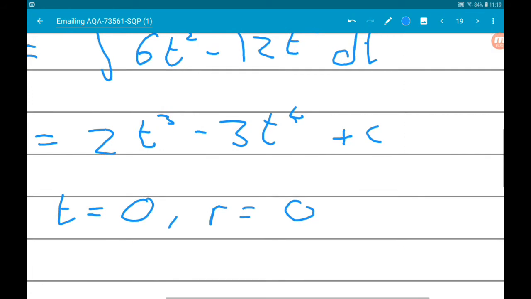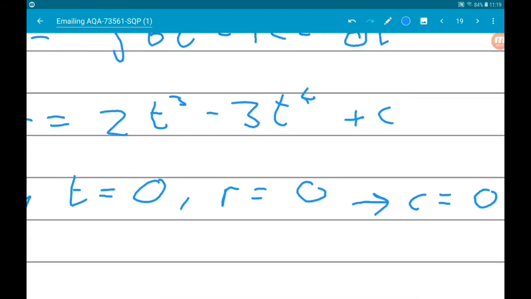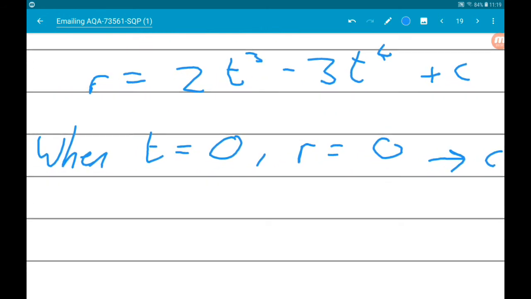Now this tells us that c is equal to 0 because the t terms disappear when t is equal to 0 and r is equal to 0. So, we then know r is equal to 2t cubed minus 3t to the power of 4.